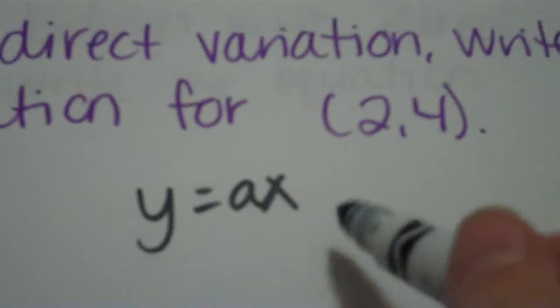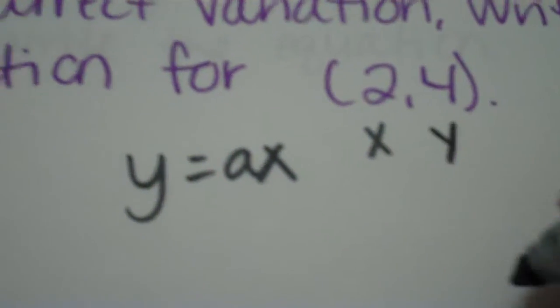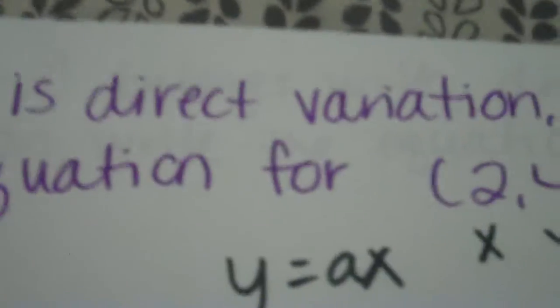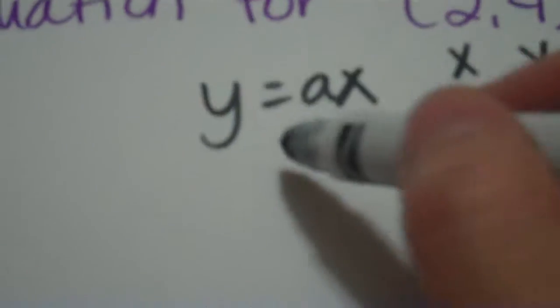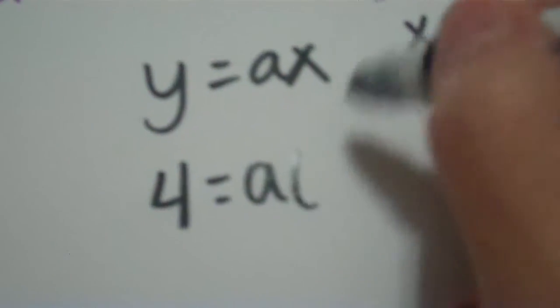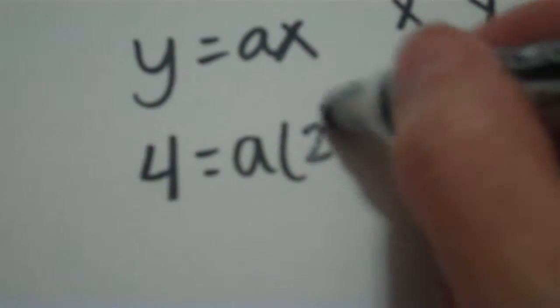But if I have a point, remember this is x and this is y. So the first thing I need to do is plug in. So basically, instead of writing y, it's 4. So I'm going to put 4 equals a, none of these things are a, so I'm just going to rewrite a, and then parentheses, instead of x, the x is 2.